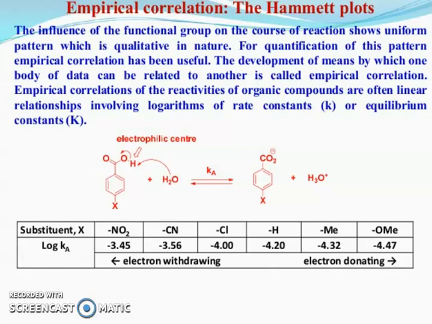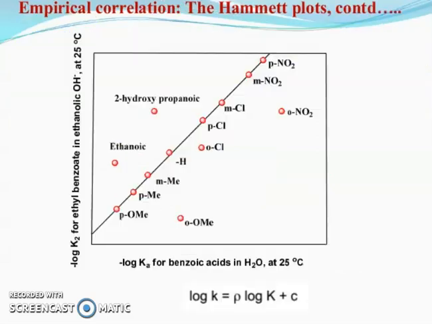The influence of a functional group on the course of a reaction shows a uniform pattern which is qualitative in nature. For quantification of this pattern, empirical correlation has been useful. The development of means by which one body of data can be related to another is called empirical correlation. Empirical correlations of reactivities of organic compounds are often linear relationships involving logarithms of rate constant k and equilibrium constant K. So you can see the substituents and log K value, electron withdrawing and electron donating.